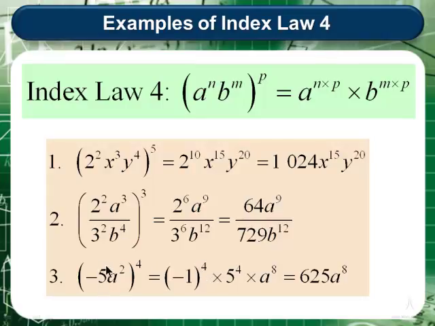For 5, there is no index indicated here, so we assume it's a 1. So it's 5 to the power 1 times 4, and a to the power 8. And of course, minus 1 to the power 4 is plus 1, and 5 to the power 4, if you use your calculator, you'll find it's 625. So the final answer is then 625 a to the power 8.